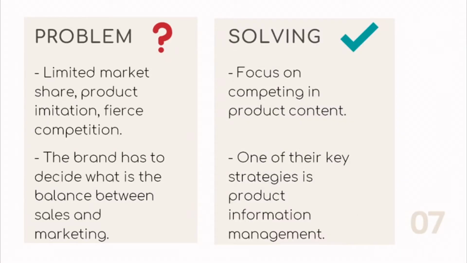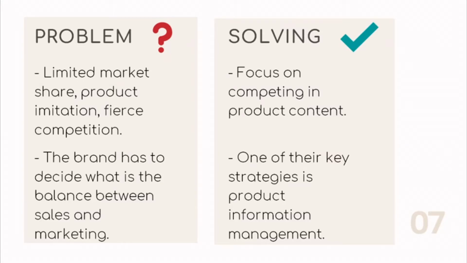The main problems Puma had back then were limited market share, product imitation, and fierce competition. The brand also has to decide the balance between sales and marketing. Puma saw that by focusing on competing in product content, one of the key strategies is product information management. In 2016, Puma was in the top 3 of e-commerce footwear, ahead of brands like Adidas or Reebok.